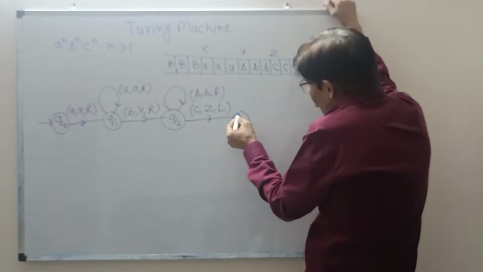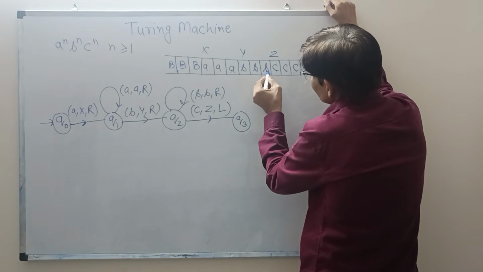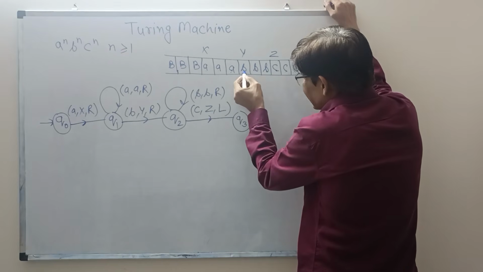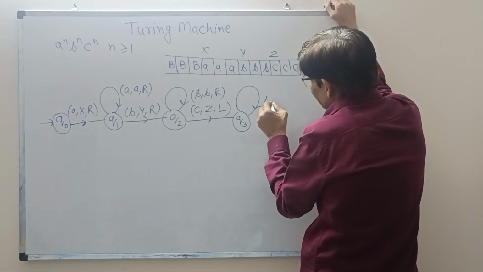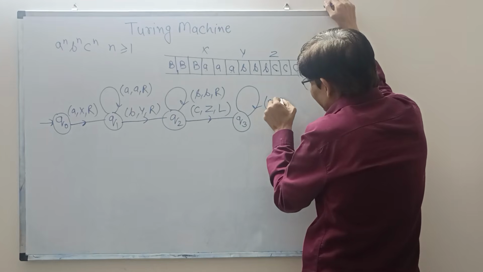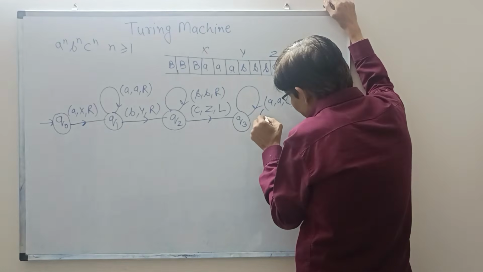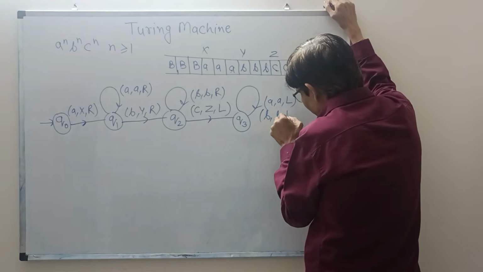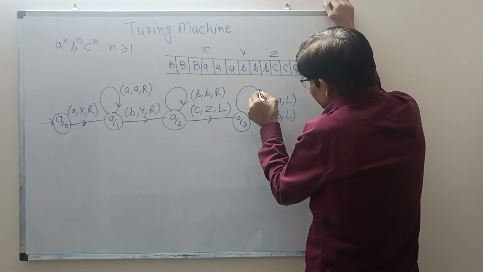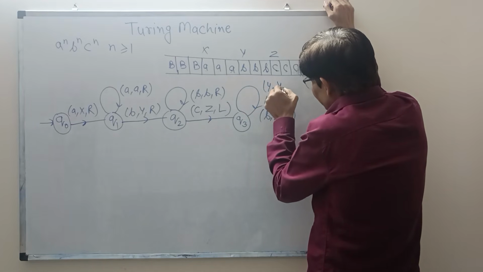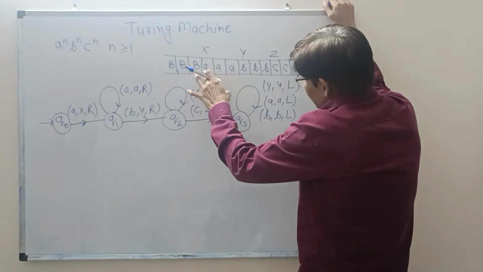Now on Q3, you may get A, B, or Y. All these will be left as they are and you will continue moving towards left. A will be left as it is, B's will be left as they are, and all Y's will be left as they are.